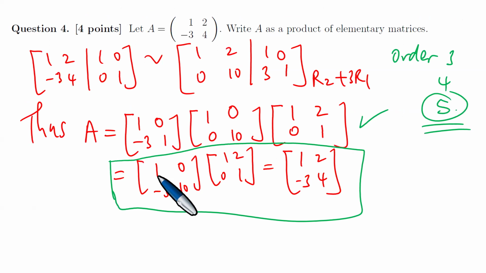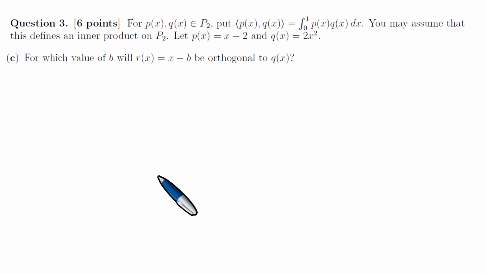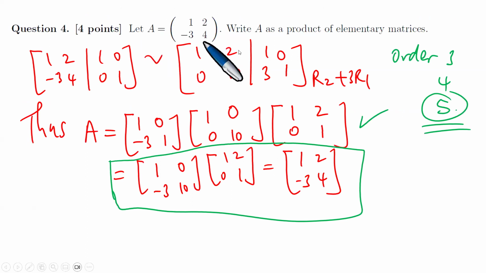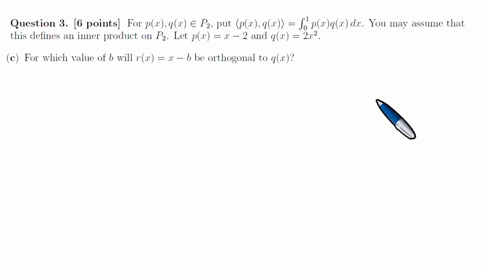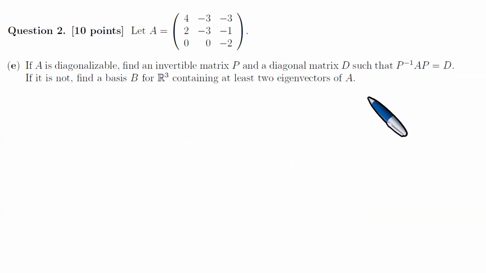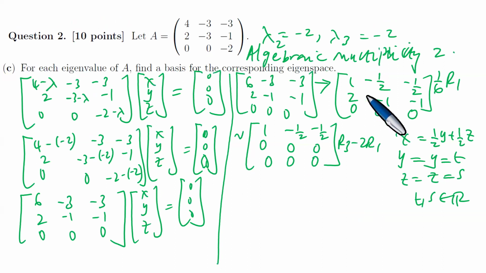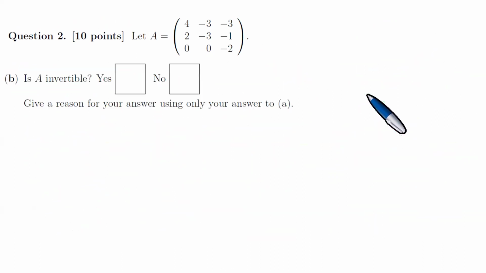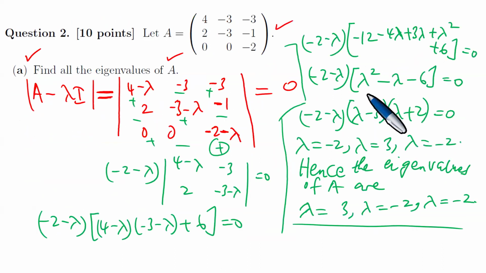There's a part of elementary matrices. Let me see. Okay, here, for instance, let A be this. It's not exactly what I want. Let me see. Okay, there's another one. Okay, this is eigenspaces, eigenvalues.